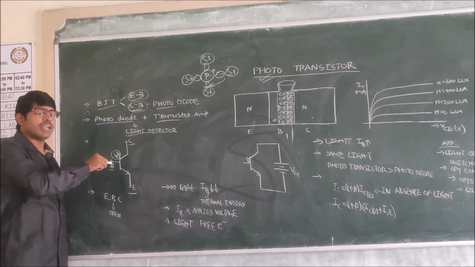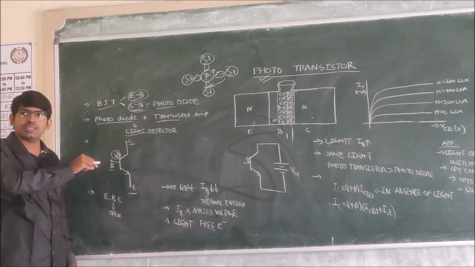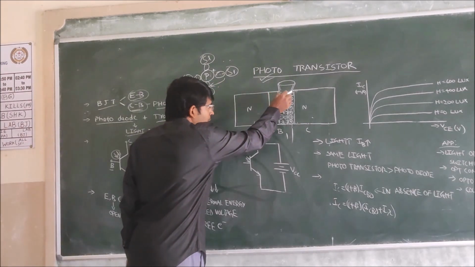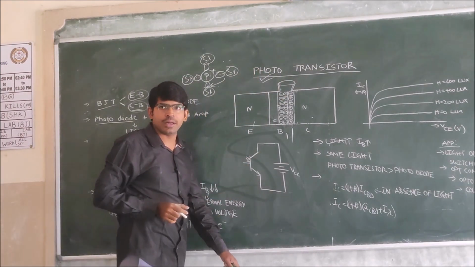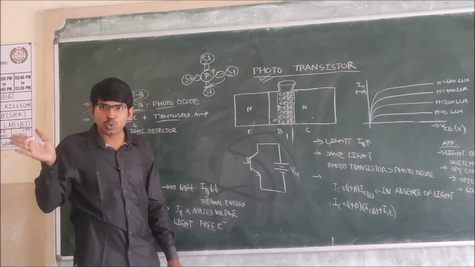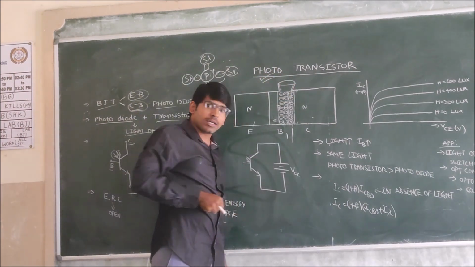The incident of light we are particularly representing in this collector base junction. Because for the incident of light, here you can see, we have drilled a small hole here. Because we are expecting the depletion region should be exposed to the light. And the light should be focused.